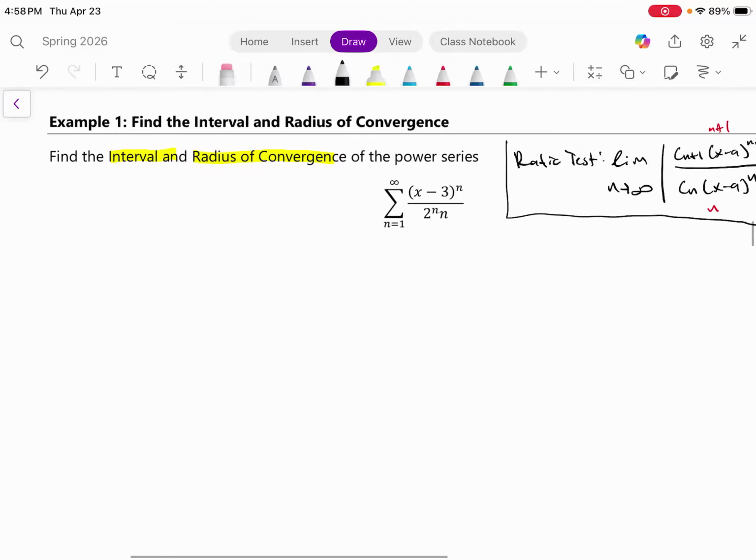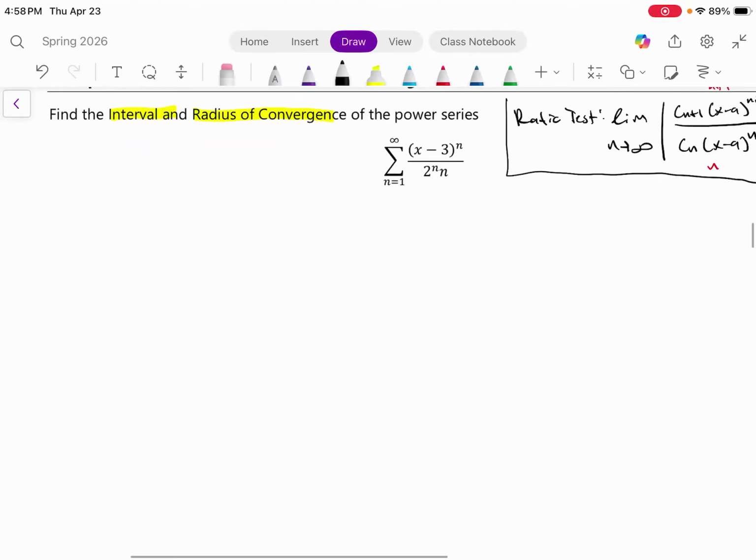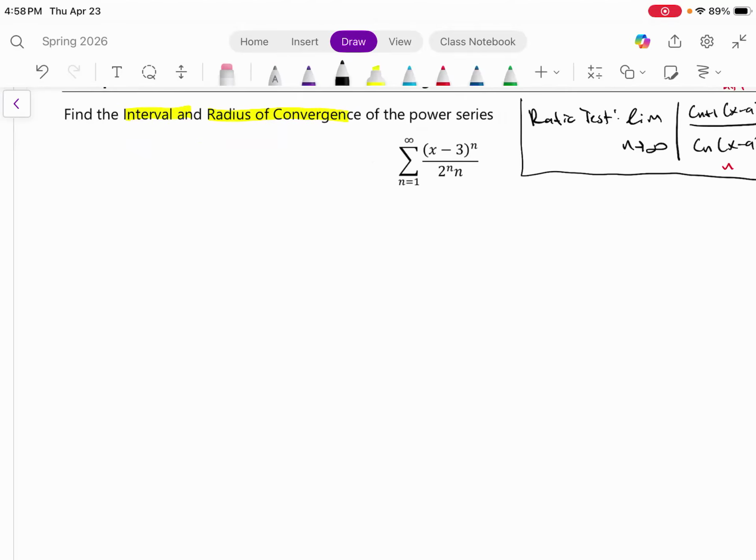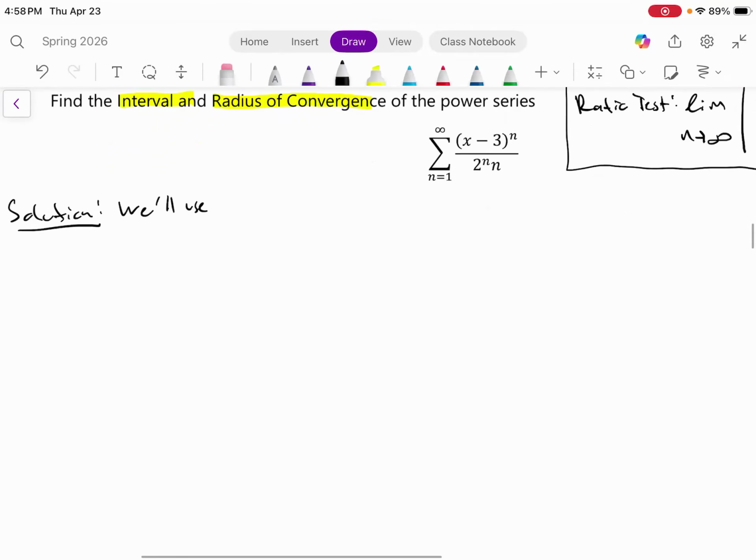So, let's get to it. Solution: we'll use the ratio test.